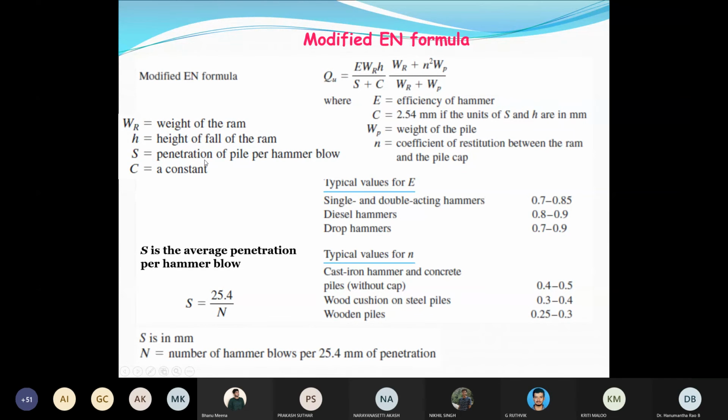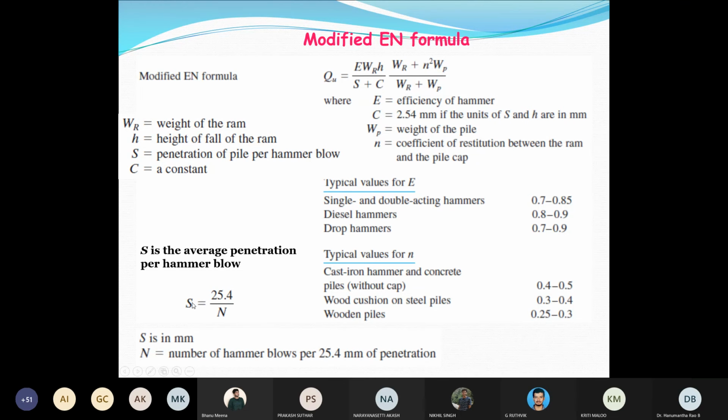Another unknown is how to calculate the penetration of the pile per hammer blow, which is 25.4 divided by N. N means the number of hammer blows for 25.4 millimeter penetration. That means you need to calculate the number of blows for every 25.4 millimeter, which is approximately equal to 1 inch. 1 inch is equal to 2.54 centimeter.